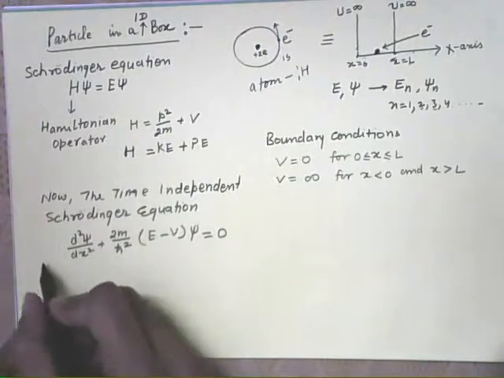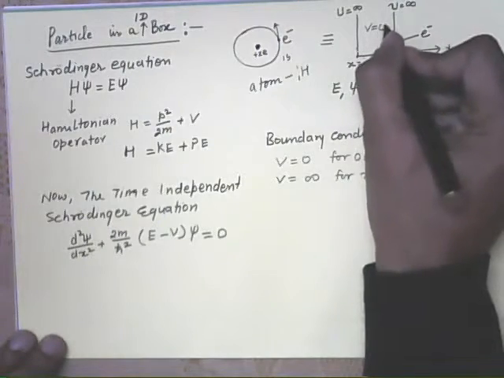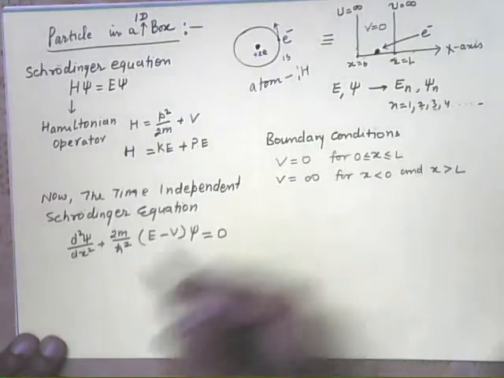And we know that V is equal to 0 inside the well.